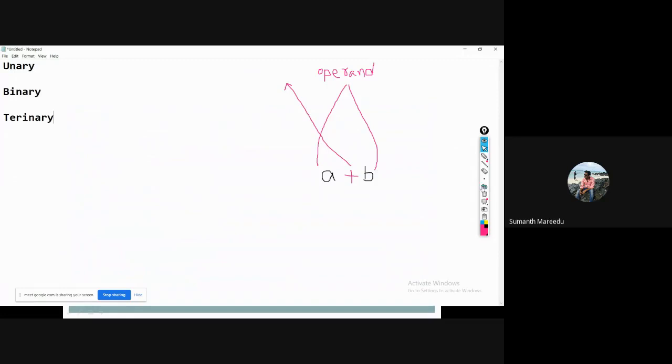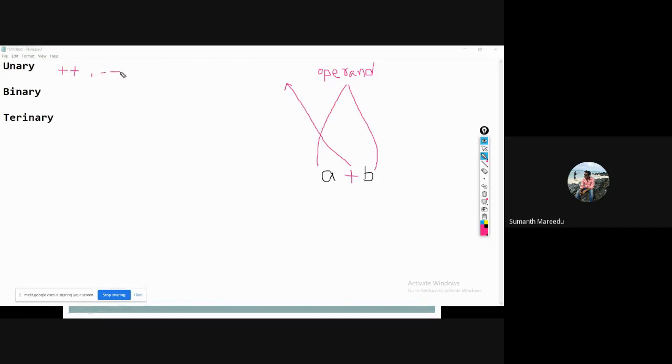Any example for a unary operator? I'll say increment or decrement operators. How do we write increment or decrement?